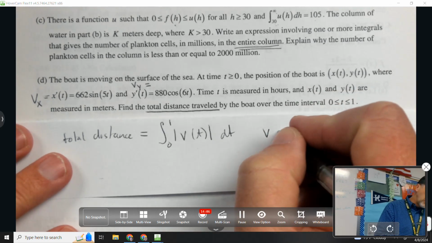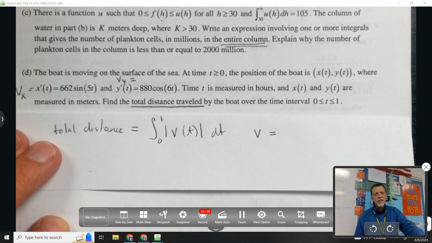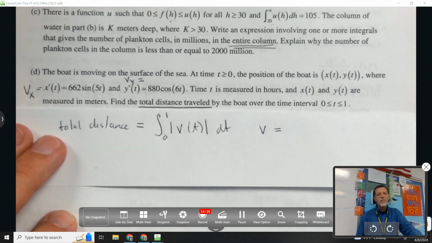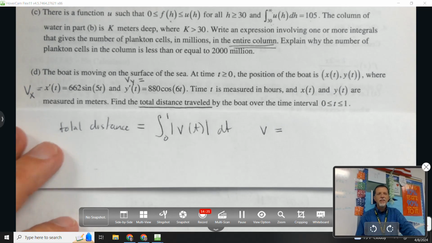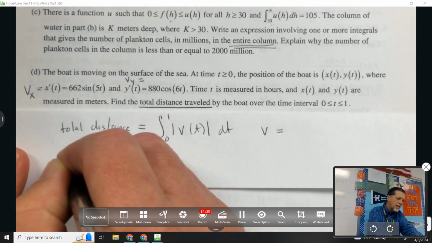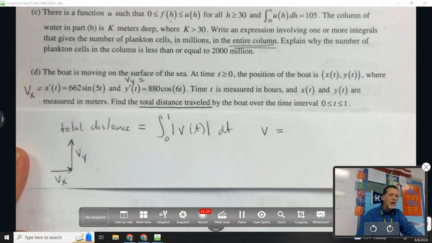Okay, physics people. I need an expression for the overall velocity when I have Vx and Vy. So if I have the two components, how do I get the overall? That's Vx, and that's Vy.